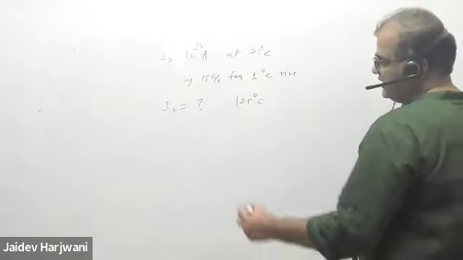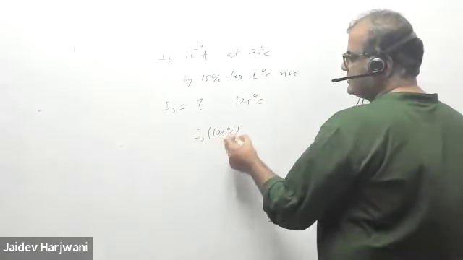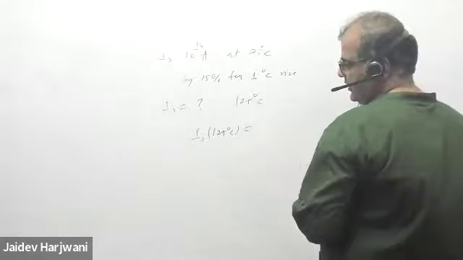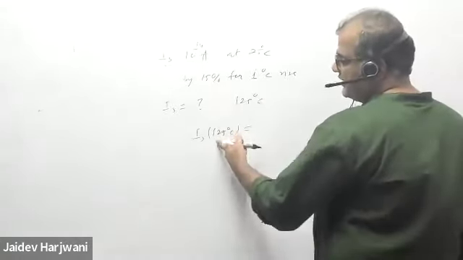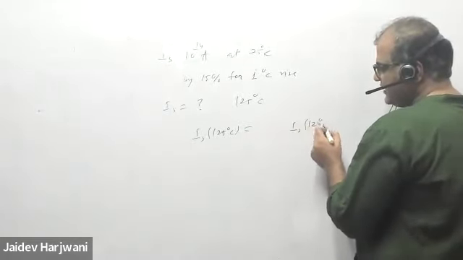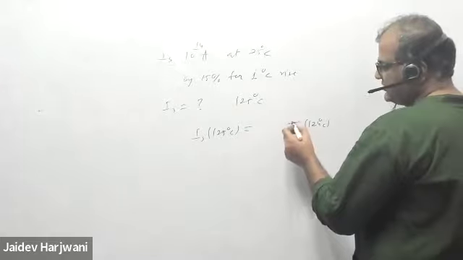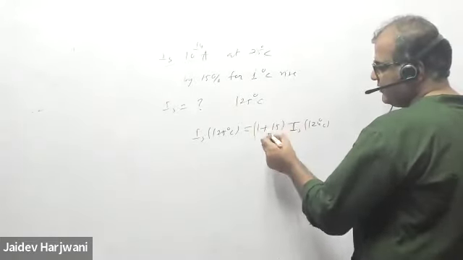Suppose I want to find the current at 125 degrees centigrade. This current is 15% more than the current at 124 degrees centigrade. Yes or no? 15% more than means I have to multiply by 1 plus 0.15.